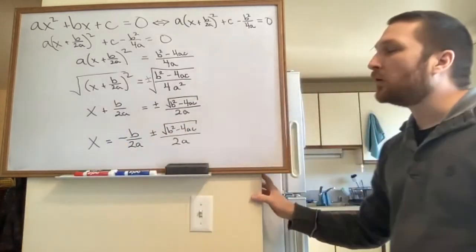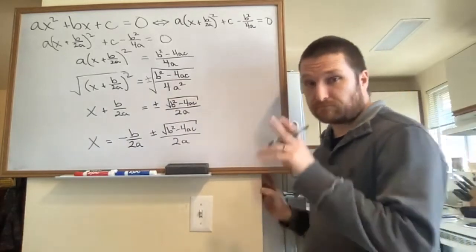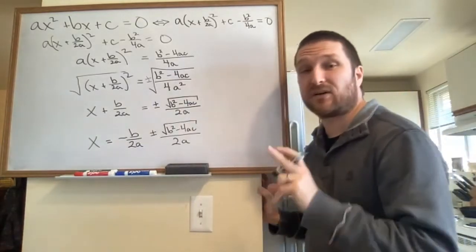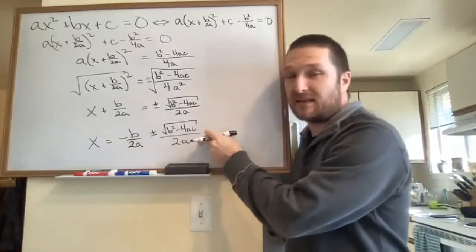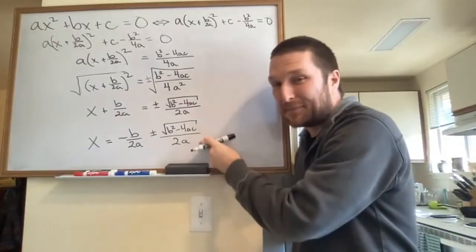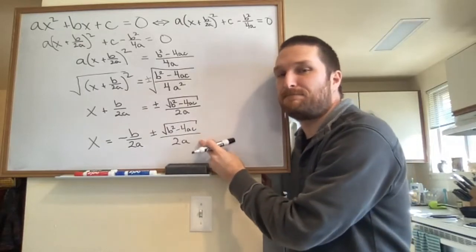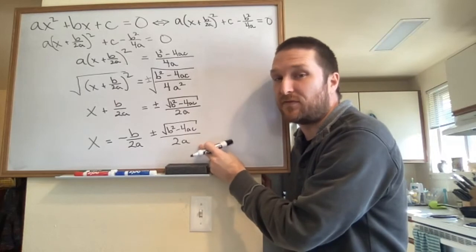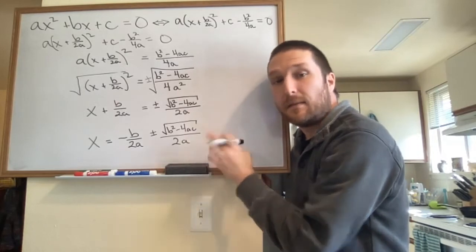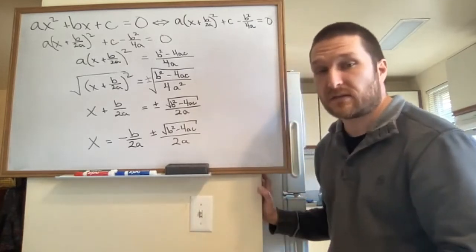Now, holy moly, we got this. And one thing you could do almost every single time, I'm going to leave it in this form because it's almost always going to help us out when we start talking about the geometry of parabolas. But sometimes it's nice to put it all over one denominator.